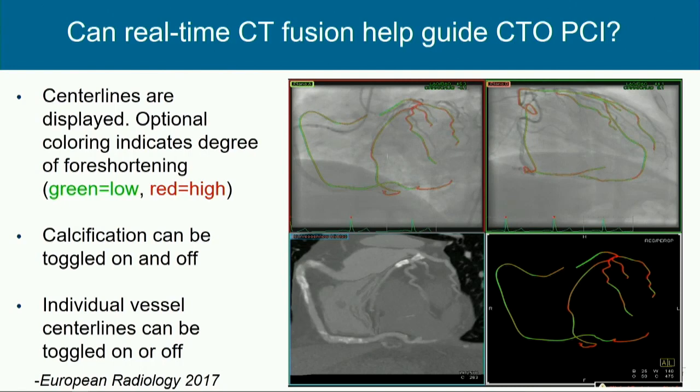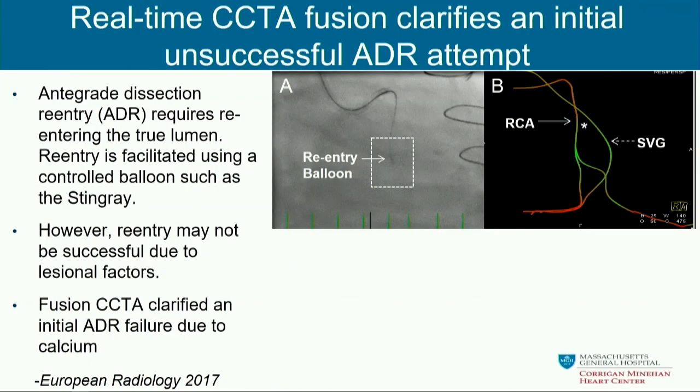You'll see a little bit of misregistration, of course, because CT is done in a different setting than the actual procedure. We found this one example where we demonstrated that we can use CT to guide Stingray delivery and maybe understand successes and failures. This was a post-CABG case trying to re-enter in the distal right coronary. You can see the vein graft on the right, that's the center line extracted.